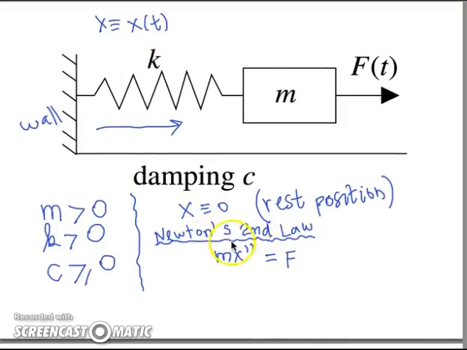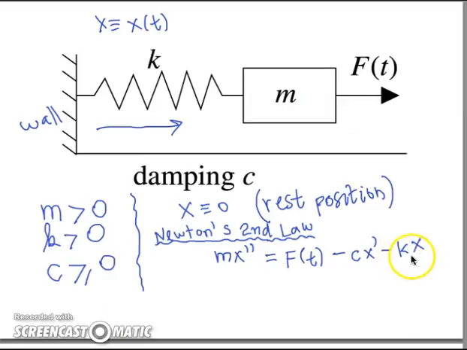The second law of Newton tells us that the force is equal to the mass times acceleration. So the mass times acceleration is going to be equal to the force, which in this case will be translated as f of t minus c times x prime minus kx.